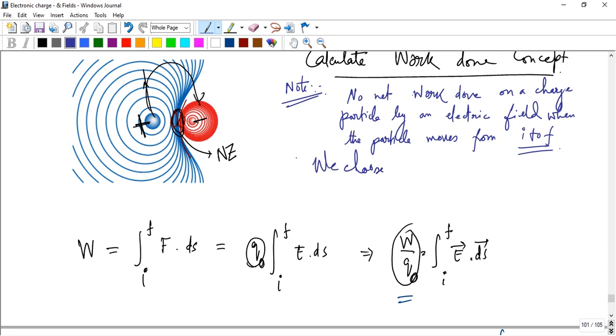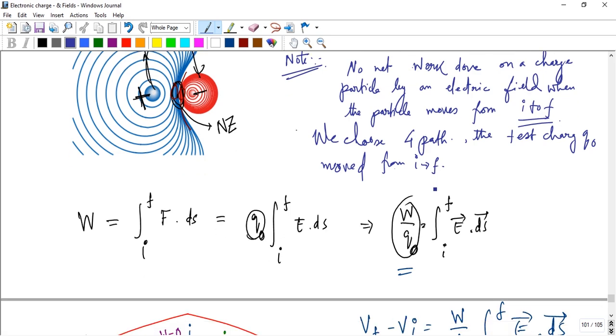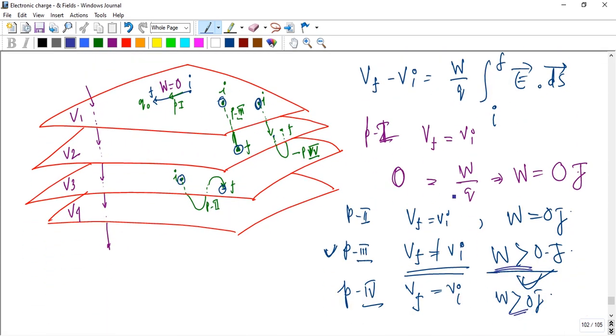We choose 4 paths for the test charge Q naught to move from I to F: higher potential to lower potential, lower to higher, or the same potential value. Okay, clear the concept of how to calculate work done on a test charge on the same surface or different surfaces. Surface means equipotential surface.